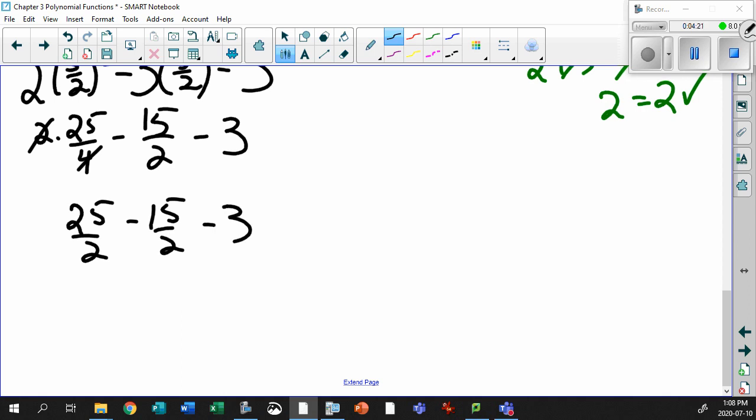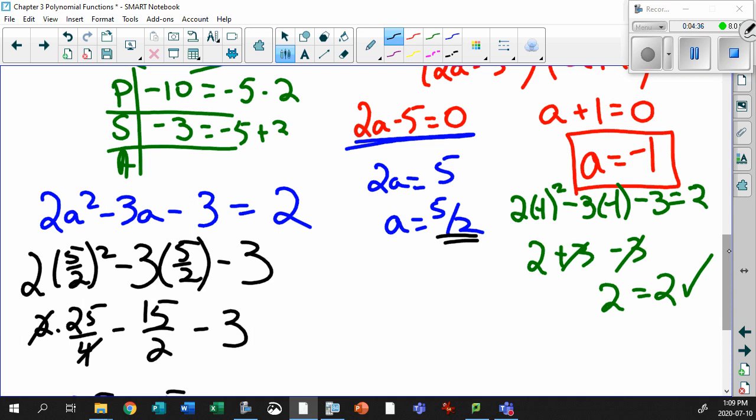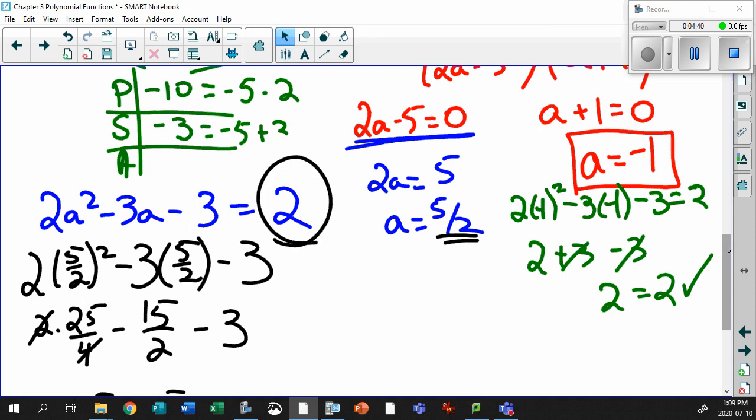Holy smokes. 25 minus 15 is 10. 10 over 2 minus 3. 10 over 2 is 5. 5 minus 3 is 2. And lo and behold, 2 equals 2, which is what you wanted in the first place as a remainder. So even though it has fractions in it, this is still really easy, straightforward, and pretty.